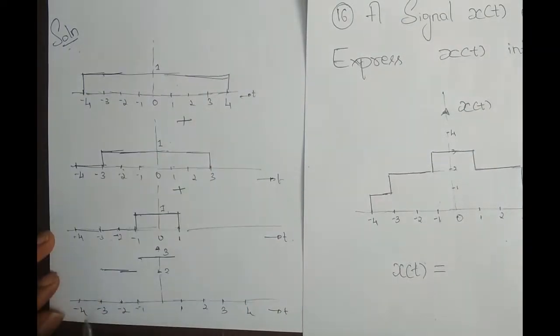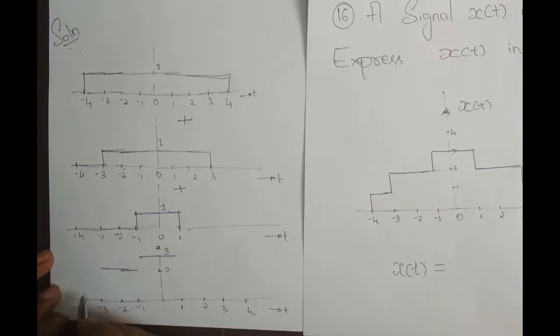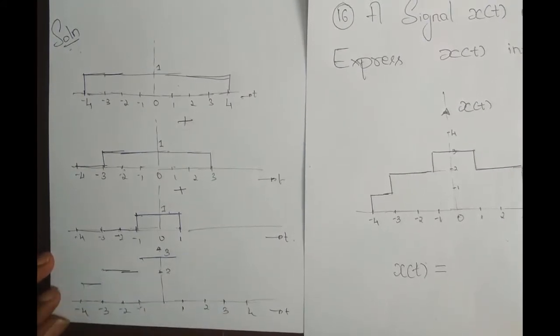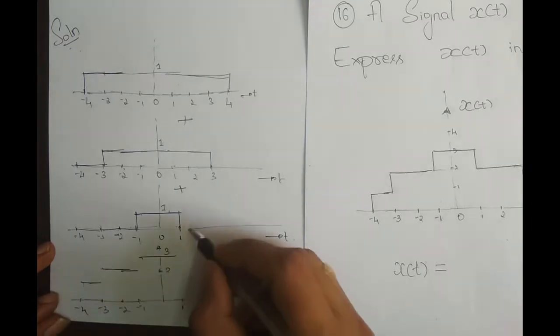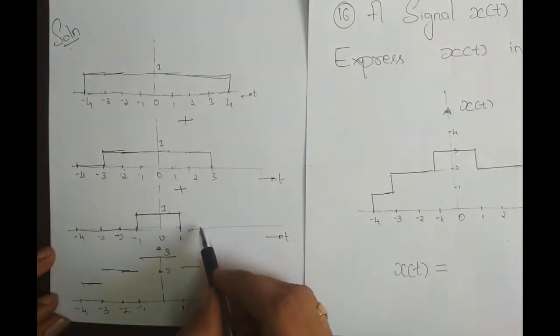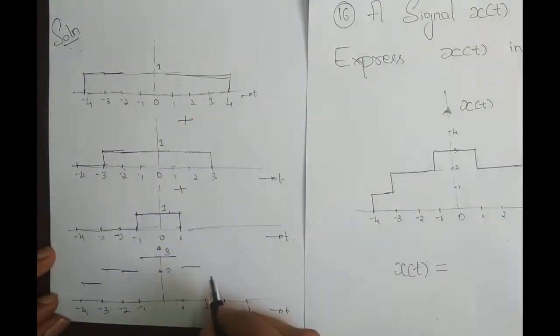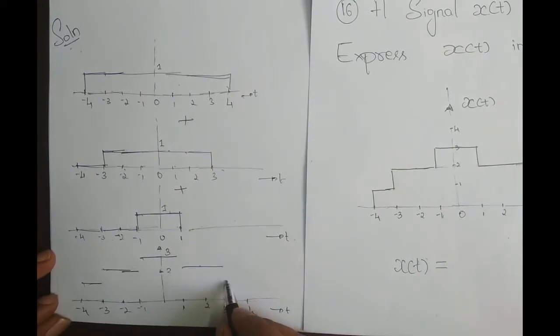So 0 plus 0 plus 1 is 1, right? So I get 1. And similarly here also, for t varying from 1 to 2, 0 plus 1 plus 1, which is 2. For 2 to 3, 0 plus 1 plus 1, which is 2. For 3 to 4, 0 plus 0 plus 1, which is 1.